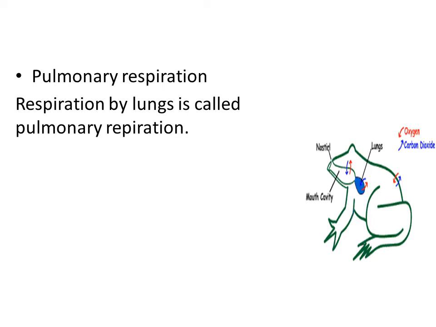Carbon dioxide is thrown out of the body and oxygen is utilized for different metabolic activities of the frog. Because lungs play a very important role in respiration here, this kind of respiration is called pulmonary respiration.